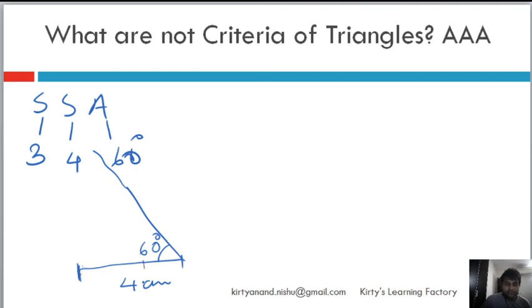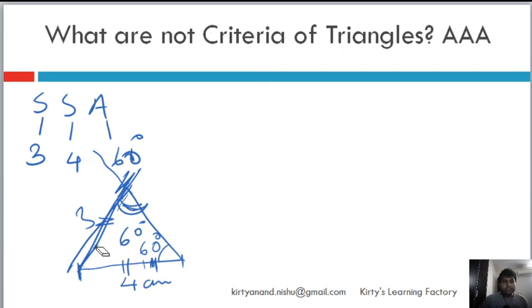I have to cut an arc of 3 centimeter. Now you see that with this measurement it might not even be possible to build a triangle, or this 60 degree could be here also, right? Let's say this is some distance and then I draw 60 degree from here. Okay, 60 degree. So this is 4 and this is 3.